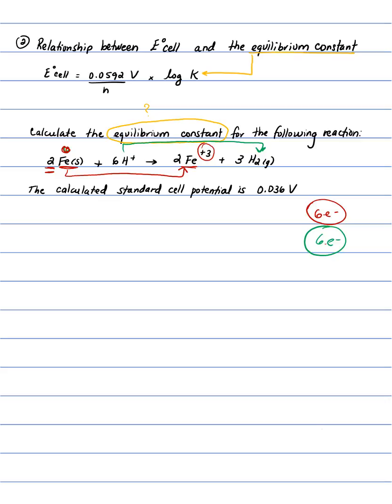So in your problem, you have the value of E cell, it's given 0.036. So that number 0.0592 is part of the formula, okay? It's always the same number for your equation. 6 electrons, and that will be times the log of K. So I'm just rearranging my equation to solve for K, okay?